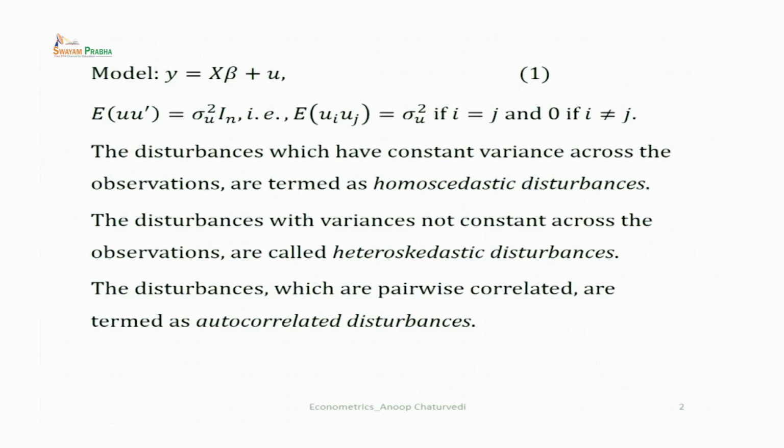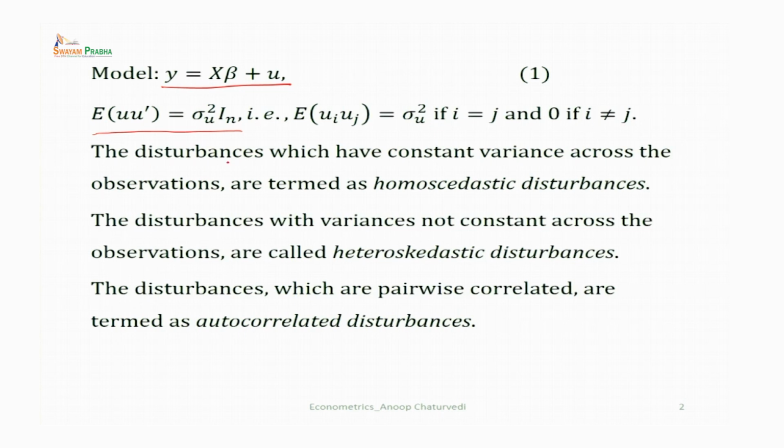So, we consider the model y equal to X beta plus u, and the assumption of spherical disturbances is expectation of u u transpose equal to sigma square u I n, or expectation of u i u j is equal to sigma square u if i is equal to j, and it is 0 if i is not equal to j.